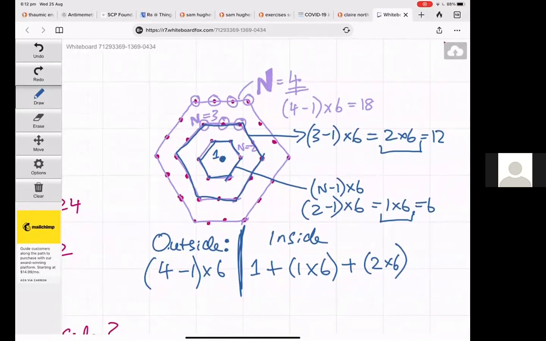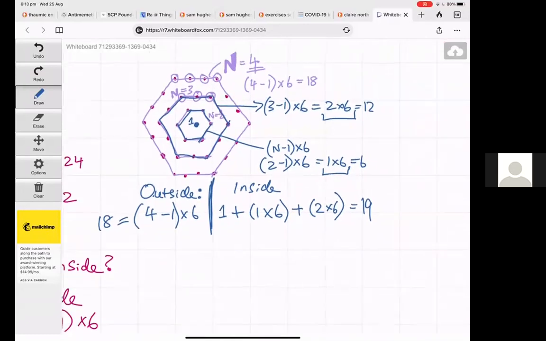This is equal to 19, and the outside is equal to 18. And they're not the same.